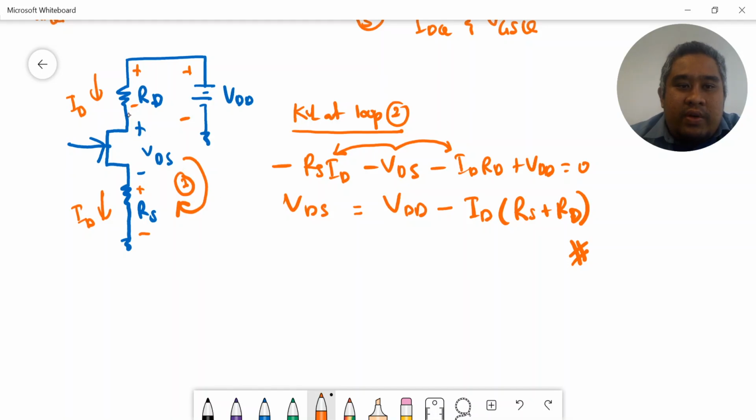We can find VD here. So we can find VD, we can apply a loop at VD. So this one I can remove.